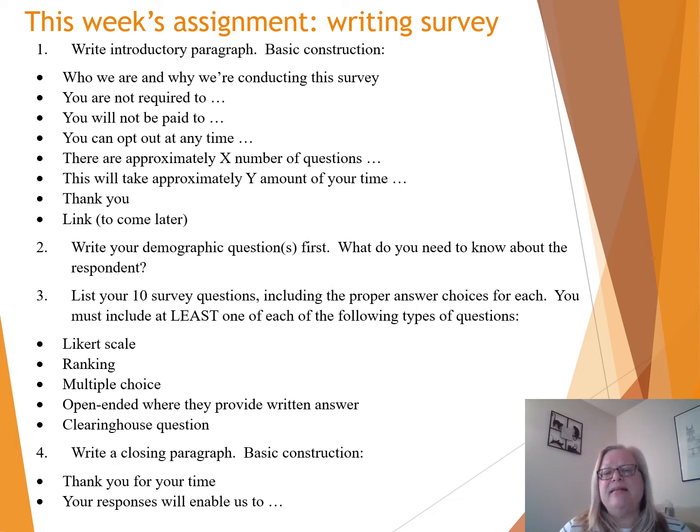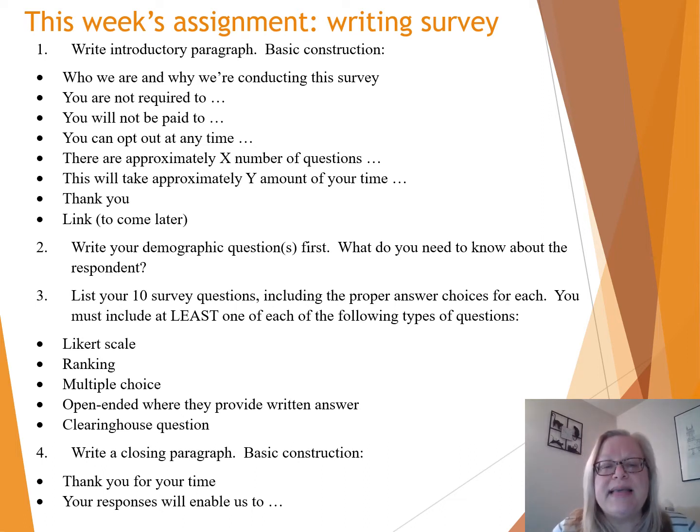Step 3, list at least 10 survey questions that you want to ask students to derive the information we're looking for. I'm asking you to use at least one of each of these listed types of questions. Now, if you're doing 10 questions or more, you'll need multiples of each of these, but use at least one of each of these, okay?